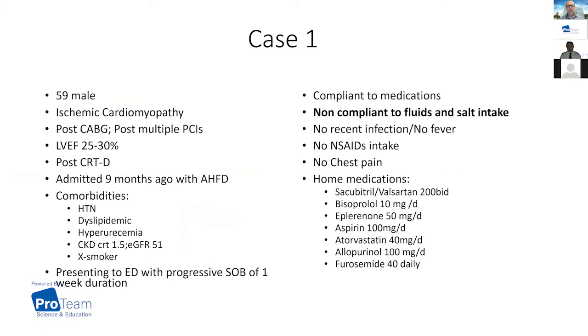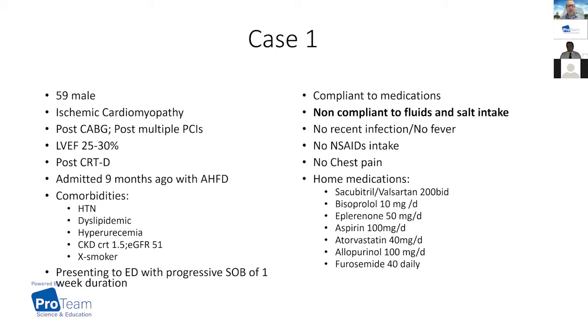A couple of years ago, a CRTD device was implanted. Over the last 9 months, he was admitted once with acute heart failure decompensation. He has multiple comorbidities: hypertensive, dyslipidemic, hyperuricemic, chronic kidney disease with a baseline creatinine of 1.5 and GFR of 51. He is an ex-smoker.